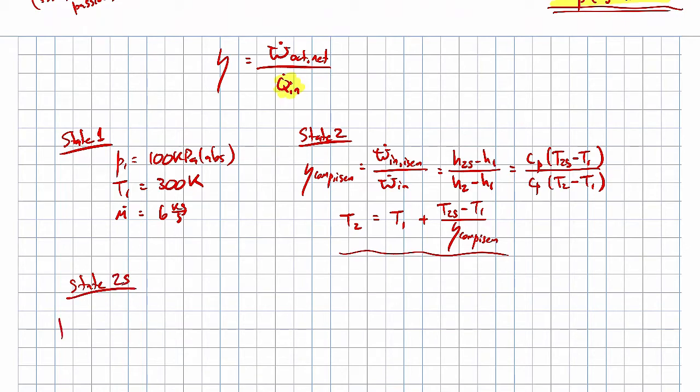To do that, we're going to make use of the fact that we're dealing with a perfect gas, so constant specific heats, and an isentropic process. And for that, we have some convenient ratios that relate temperature, like T2S over T1, to the pressure ratio, P2S over P1, in terms of the specific heat ratio K.